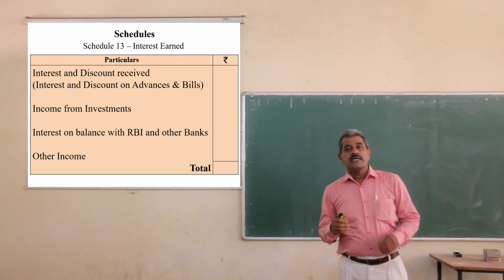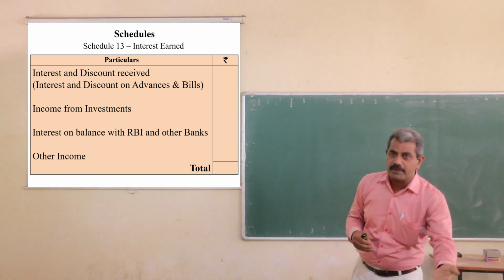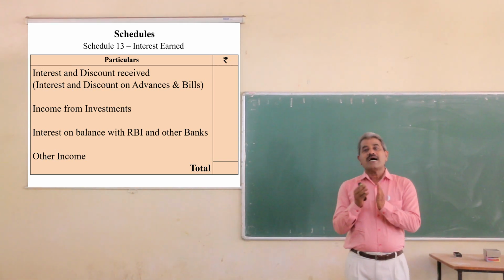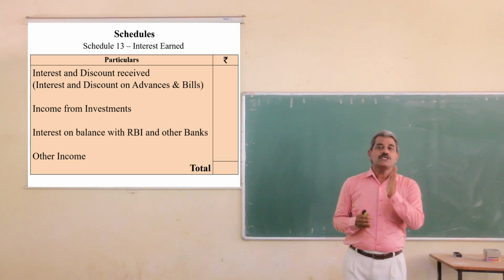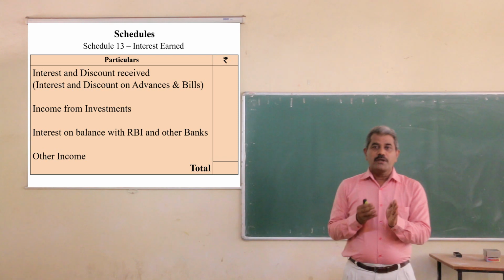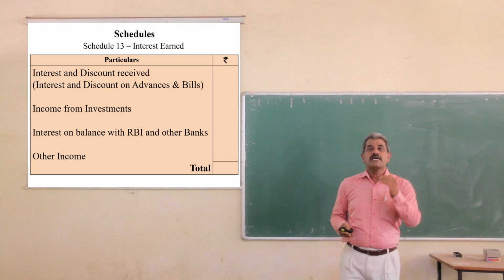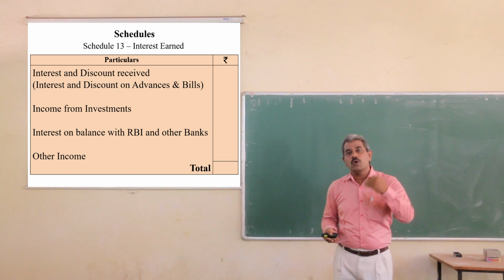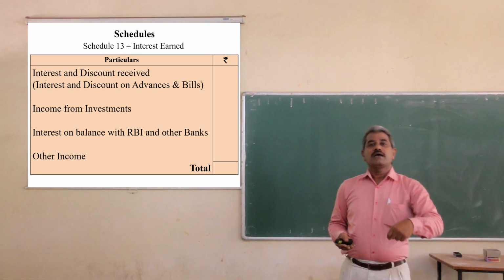The bank accepts deposits as well as gives advances to the public, so the term interest is used in both meanings. Interest on advances, interest on loans, interest on cash credits is the income of the bank.